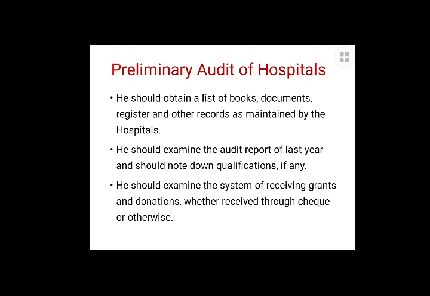So the auditor's first duty is that while starting the audit, he should obtain the list of the books, documents, registers, and other records. He should also examine the audit report, note down the qualifications if any, and examine the system of receiving grants and donations.